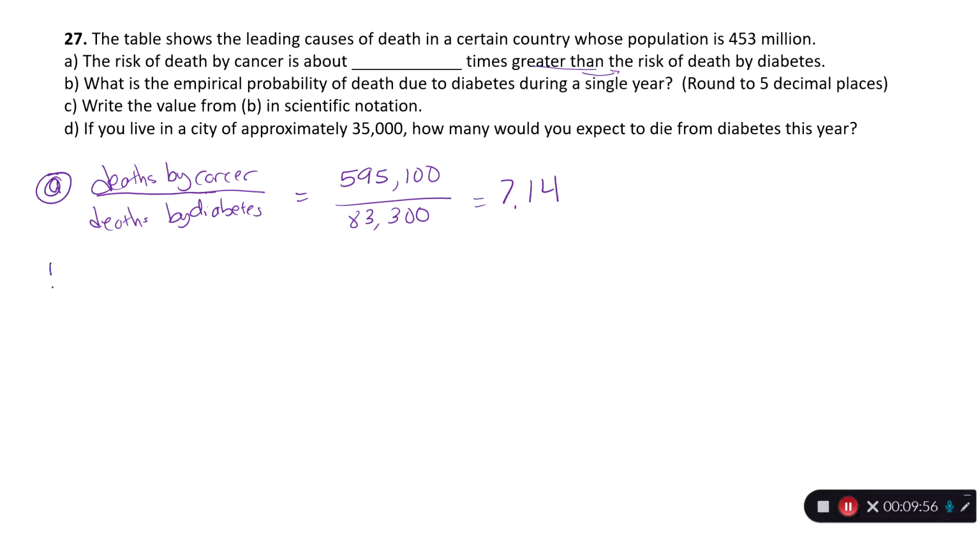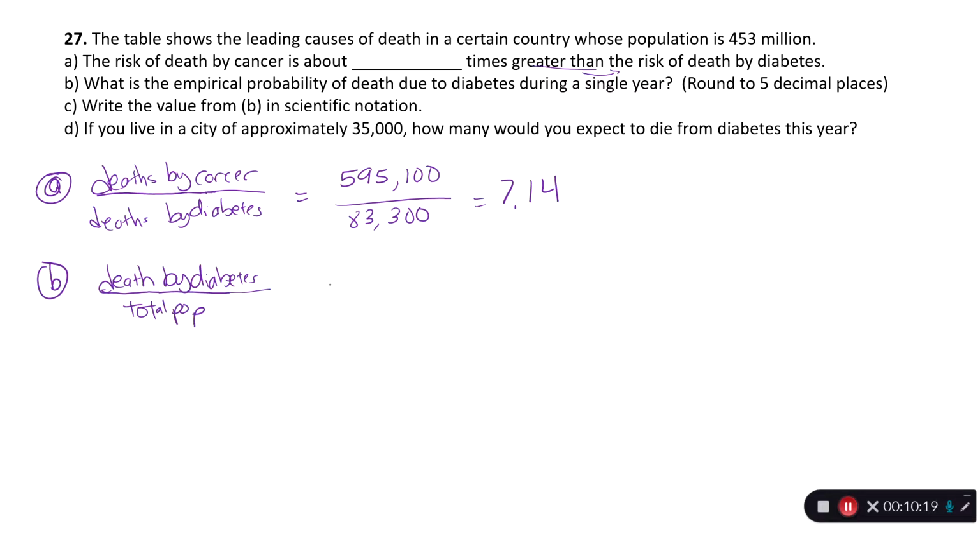B asks us, what is the empirical probability of death due to diabetes during a single year? To calculate the probability of death due to diabetes, we're comparing the death by diabetes to the total population. So that's what we're going to put down here.